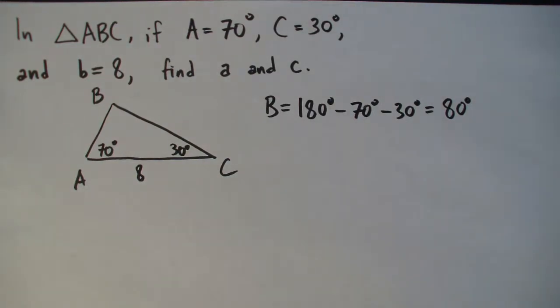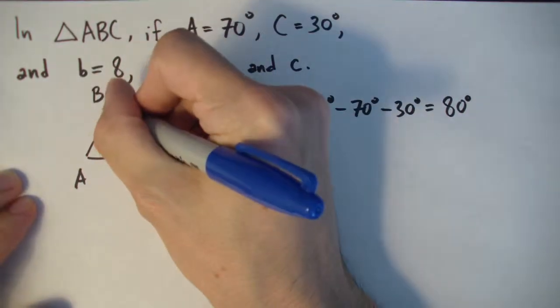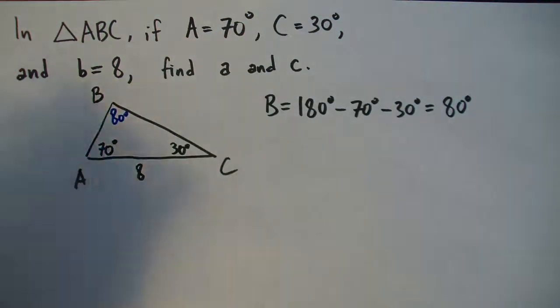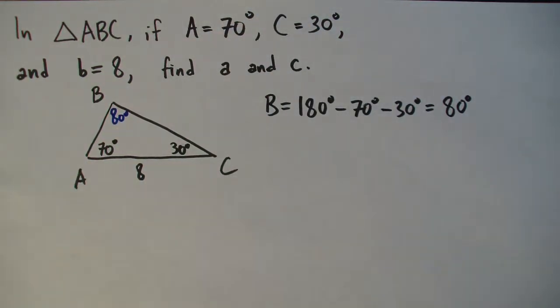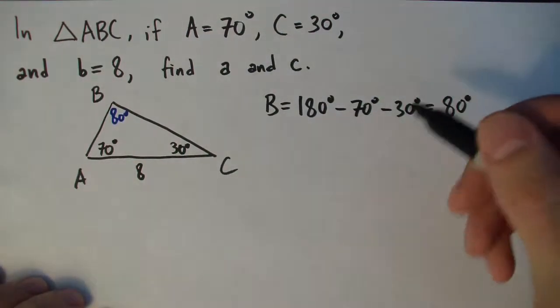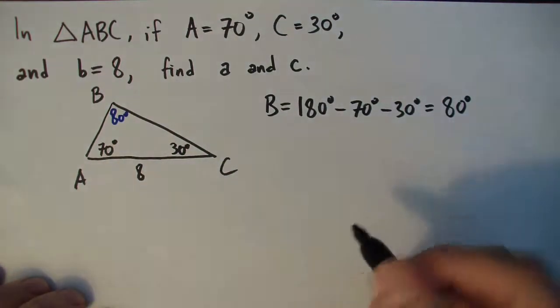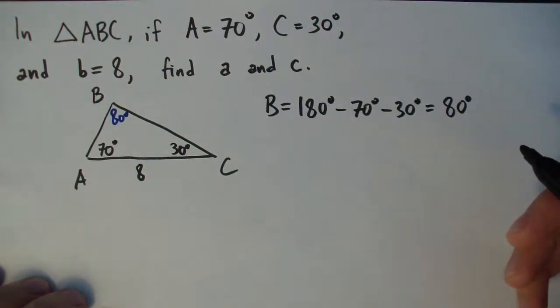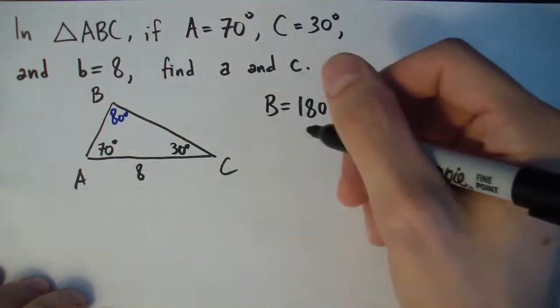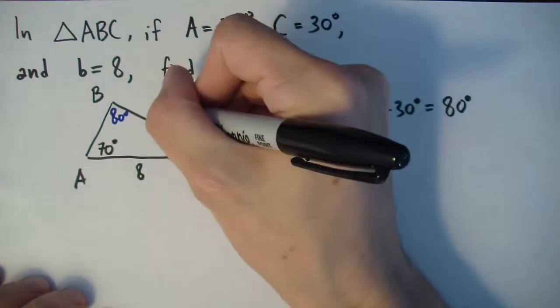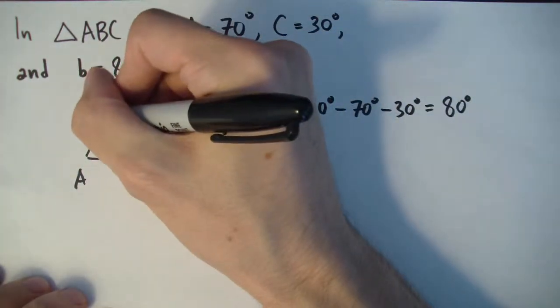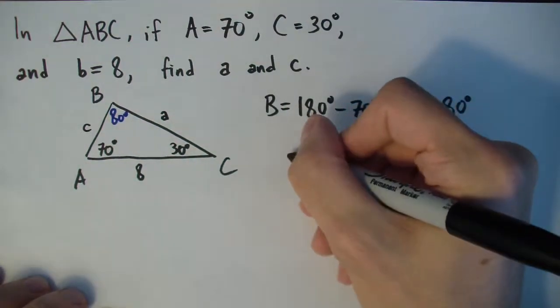So again, we just found that angle B is 80 degrees, and we're asked to find the other two side lengths. And this is where the law of sines is useful. This is an ASA case, and so using the law of sines, side a over here and side c over here are related by the law of sines.